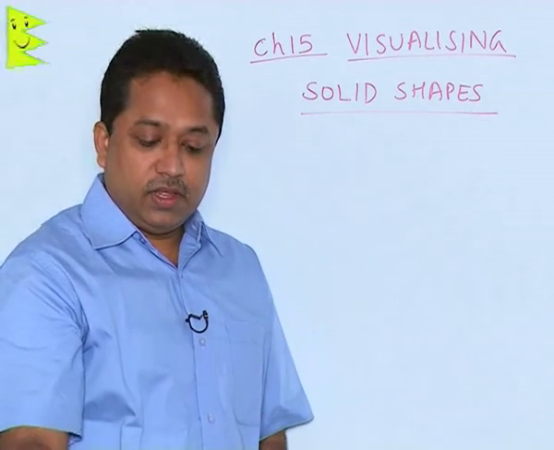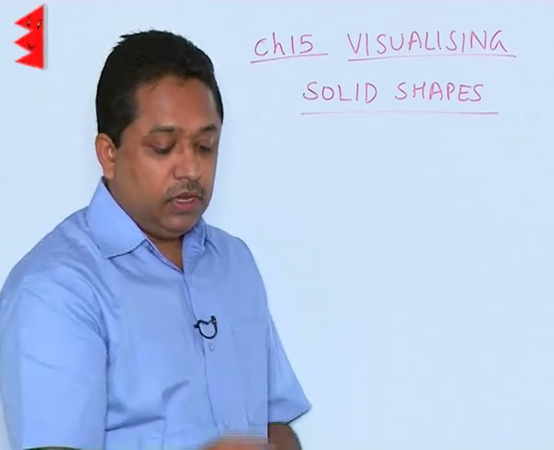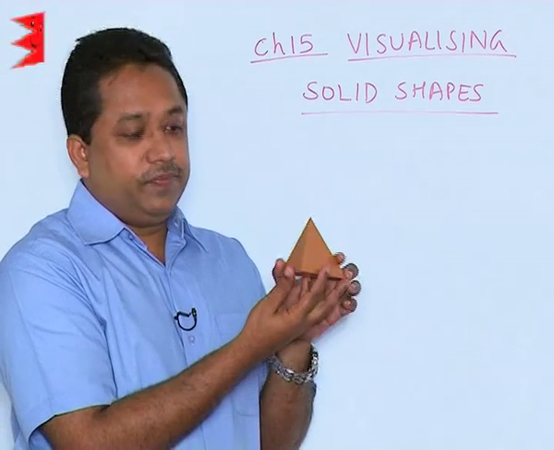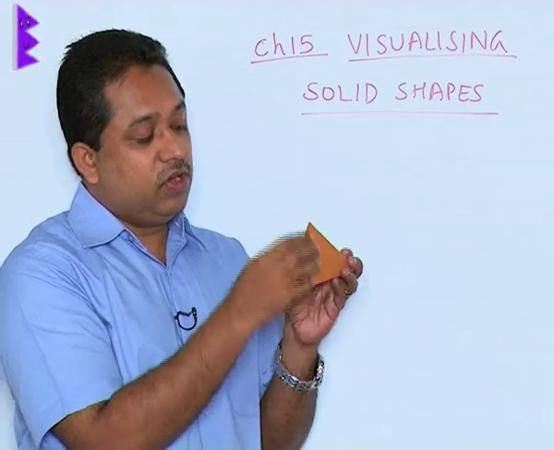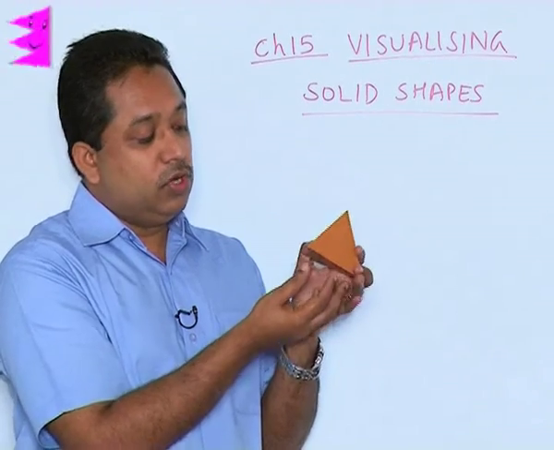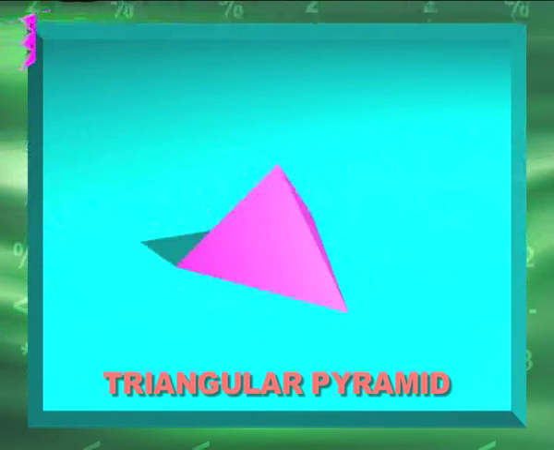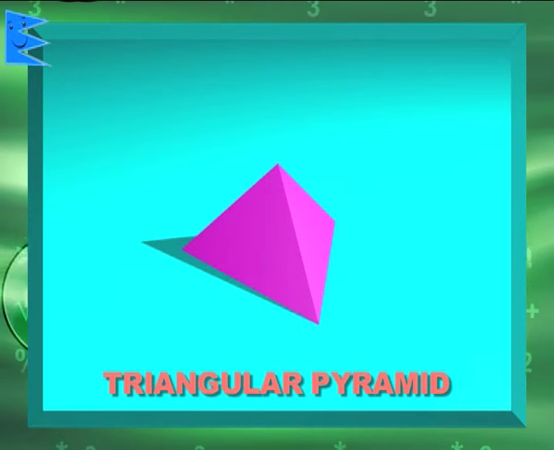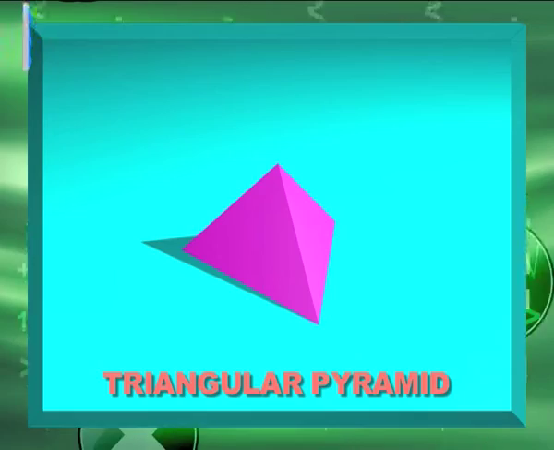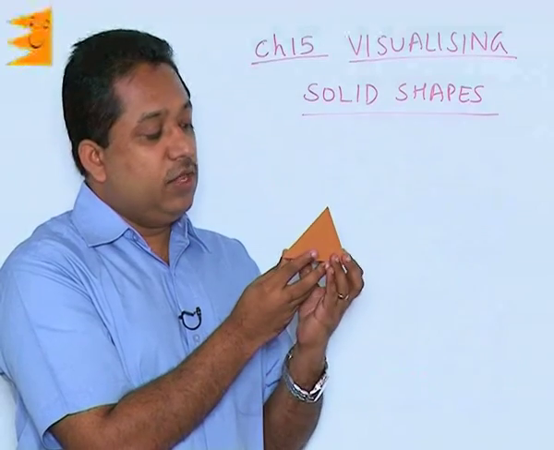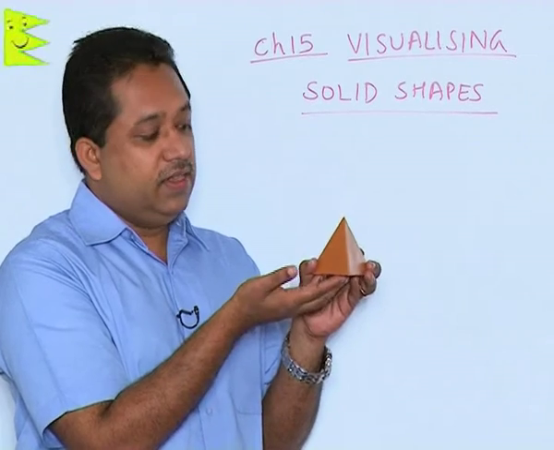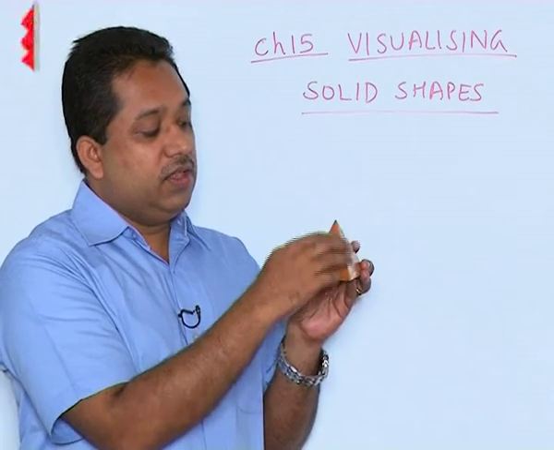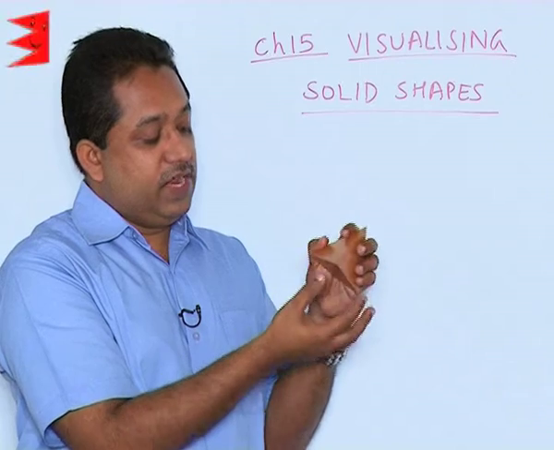Next we have a pyramid. Now, this is a pyramid and this has got a triangular base, and we have got 3 triangles on top. This type of pyramid where the base is a triangle is called a triangular pyramid. Here in a pyramid you will find there are 1, 2, 3, 4 faces, and then we have 1, 2, 3 edges here, and we have 3 edges below.